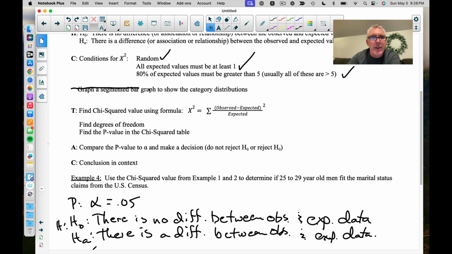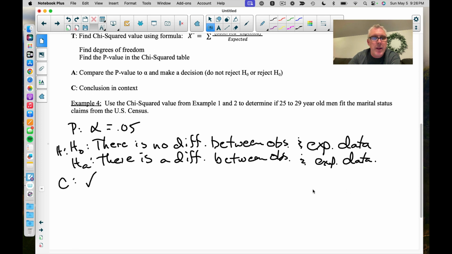Segmented bar graph, not doing that. T, find the chi-squared. We already figured it out. It was 161.77, looking at my notes so I don't have to flip back. Degrees of freedom: we had 4 categories, minus 1 equals 3.